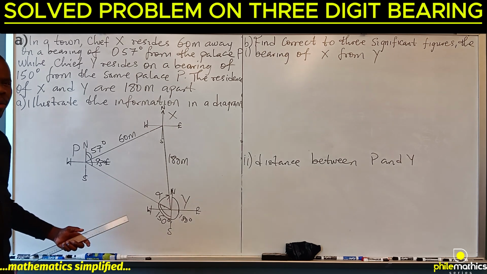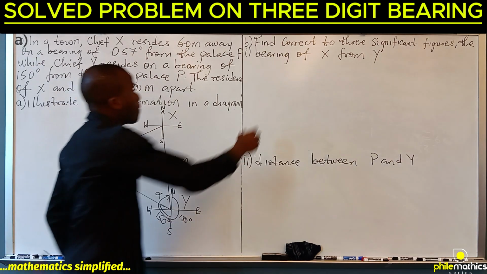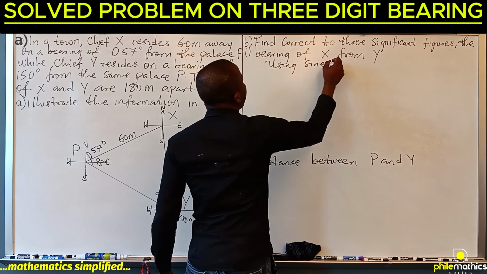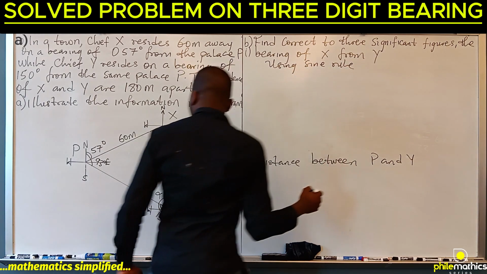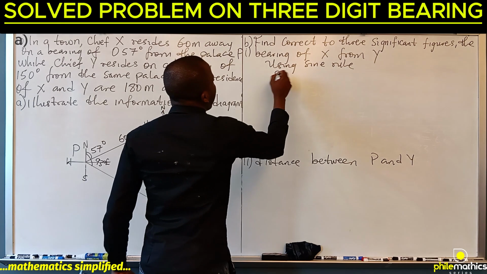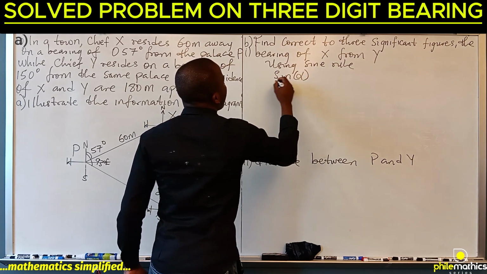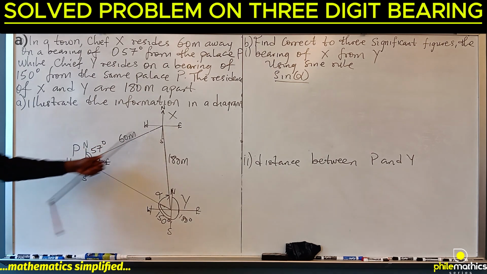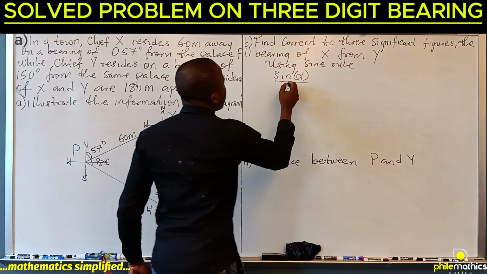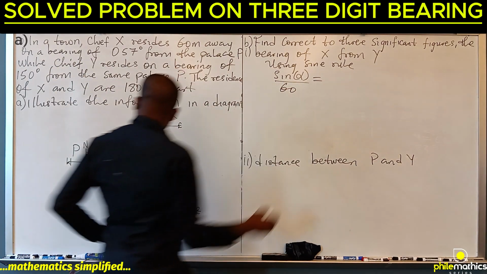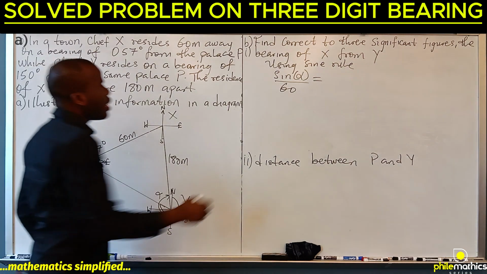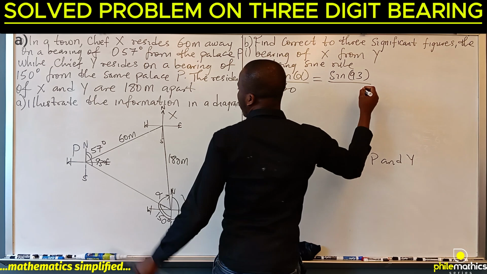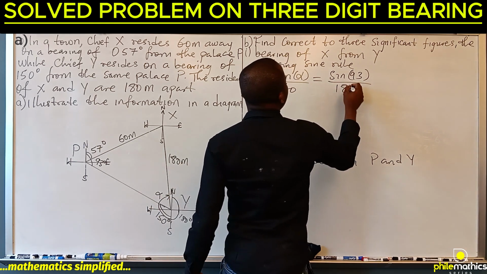We can use sine rule. Using sine rule, sine alpha over the distance opposite it, which is 60, equals, we know this, sine 93 over the distance opposite it, which is 180.